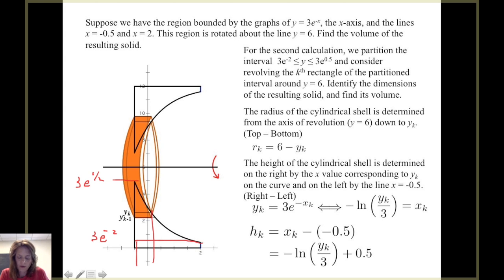So y equals 3 times e to the negative x sub k means that x sub k is equal to the negative natural log of y sub k over 3. So that gives me the height of that cylindrical shell as being x sub k minus a negative 1/2, or in other words, negative natural log of y sub k over 3 plus 1/2.